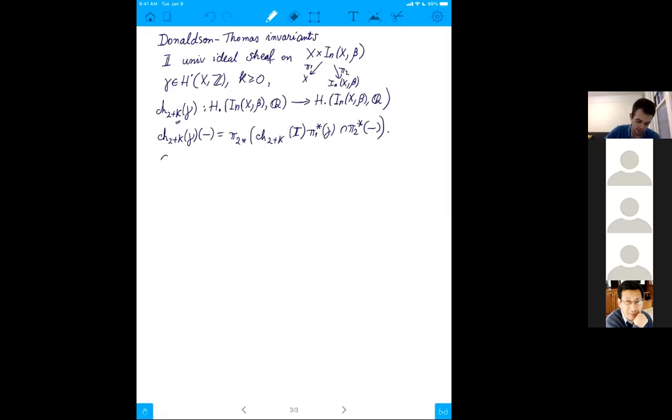And now given our cohomology classes and with our levels, we define the following integer. So this will be a Donaldson-Thomas invariant. So we will integrate over the virtual fundamental class.